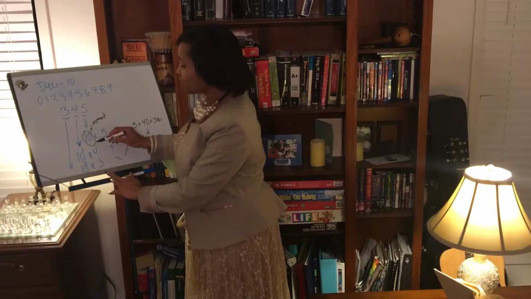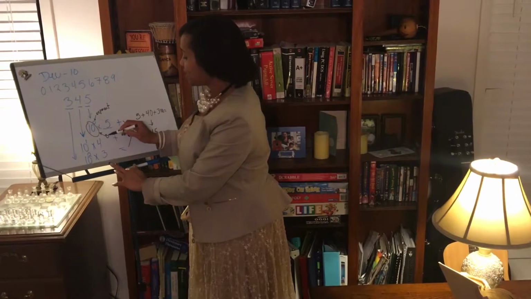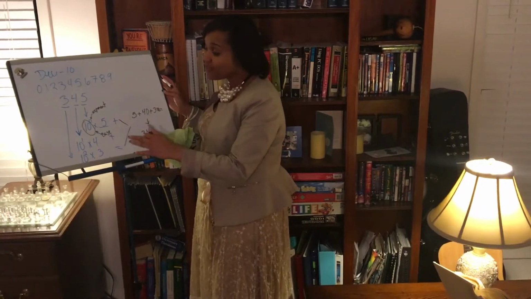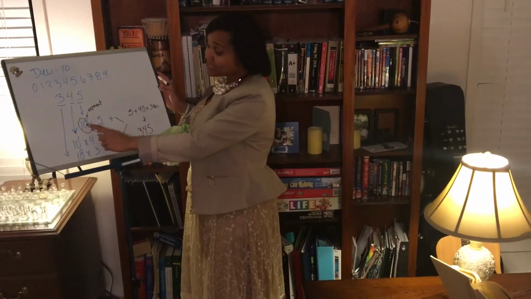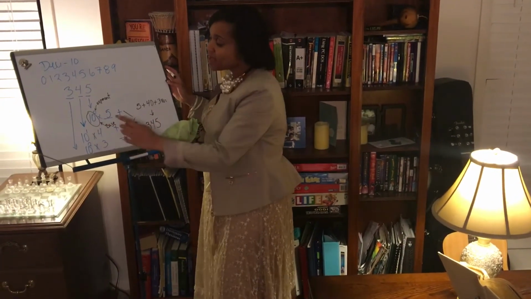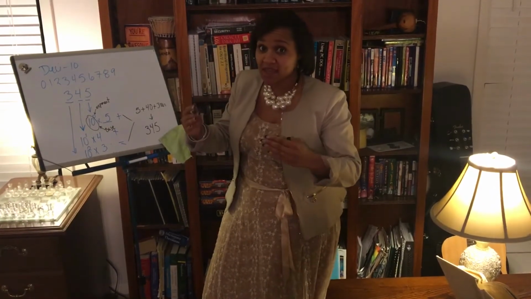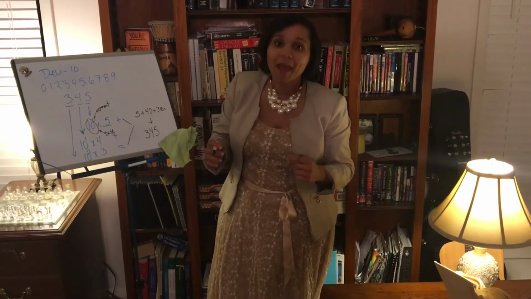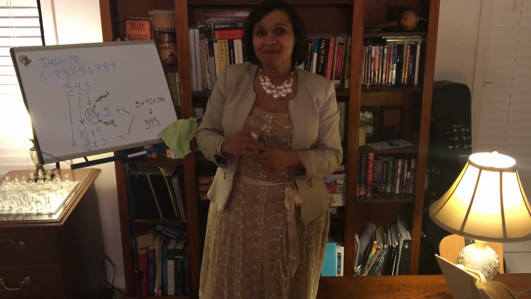If you remember in math class, base 10 numbering system, we're going to keep this similar idea and we're going to take it to the also famous base 2 numbering system. I'll be right back, okay?